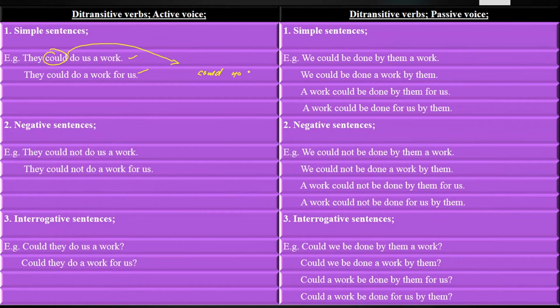It is used for 40% in present, even it gives the meaning. In primary level it is the past of can, but it can give the meaning of present 40%.